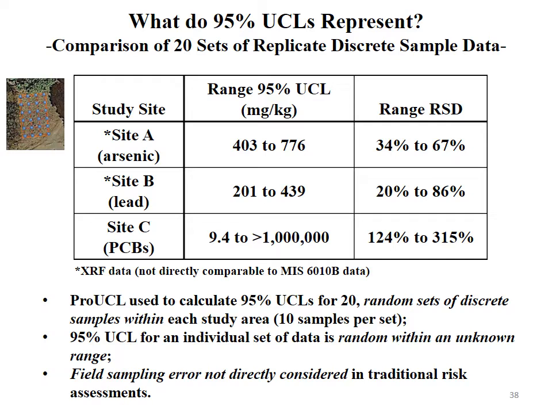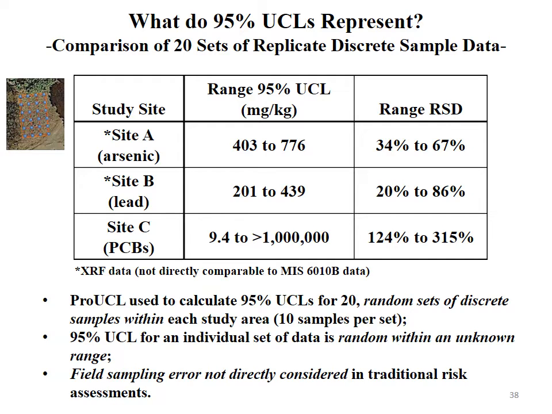Now, if contaminant concentrations were really uniform, like they assumed back in the 1980s, the 95% UCLs should be very similar. At the arsenic site, the 95% UCLs from 10-sample sets range from 403 ppm to 776 ppm, almost twofold variability.